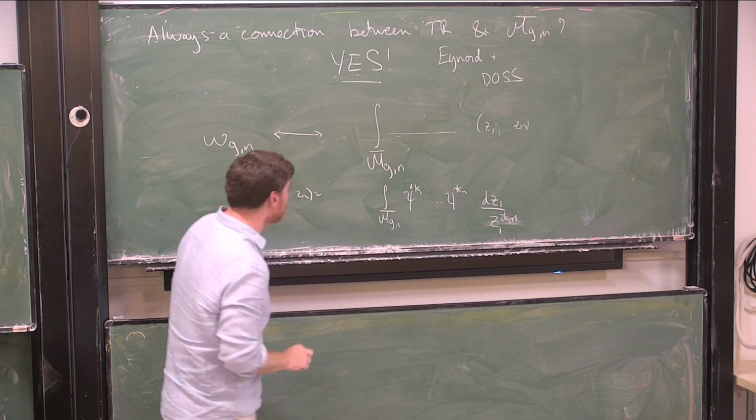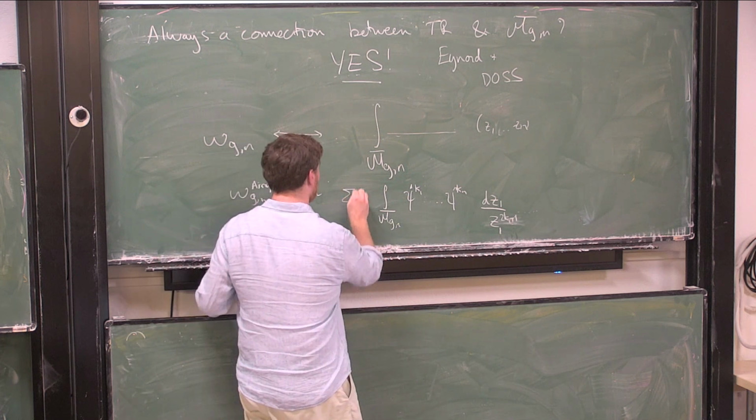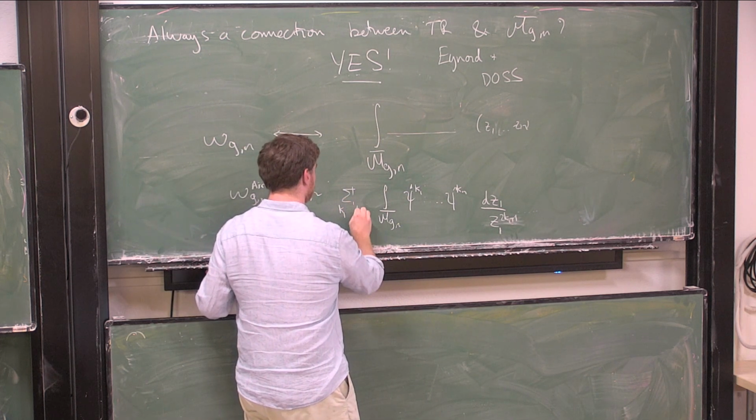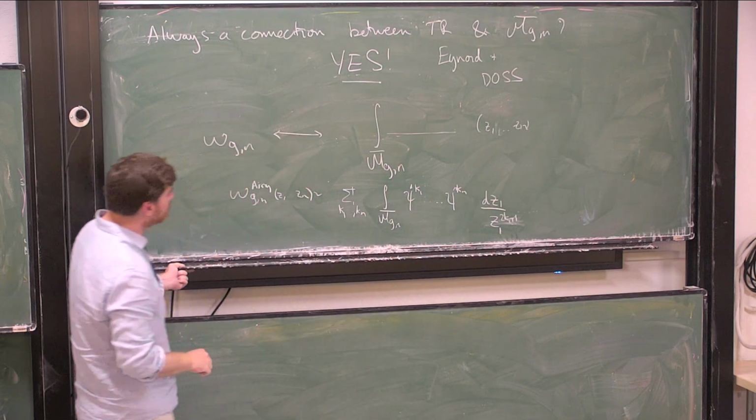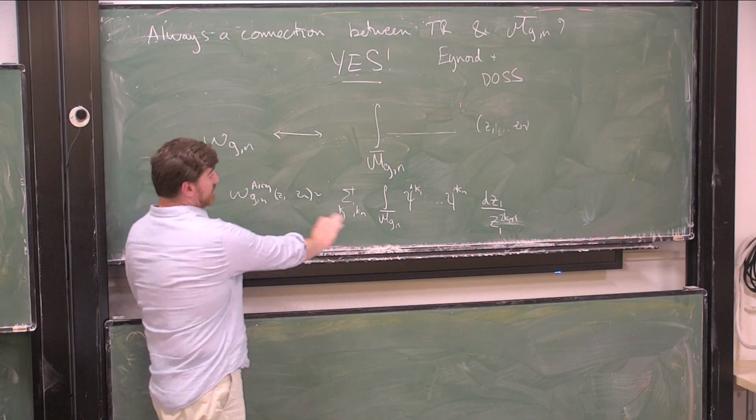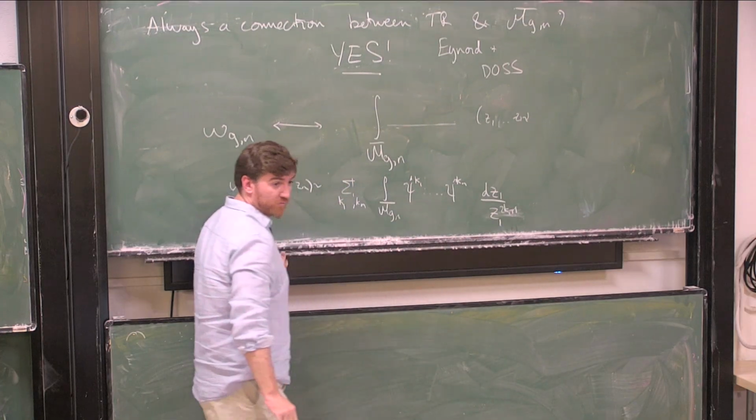So this is one example where we sum over all these cases. Okay, so this was one example in the Airy case. But there's always some integrand that you can write down.